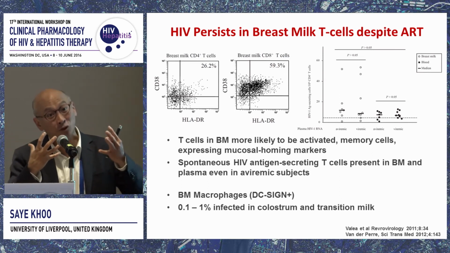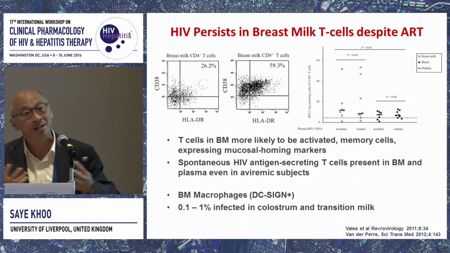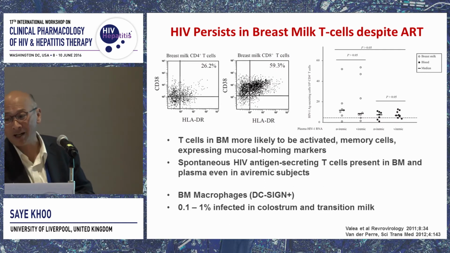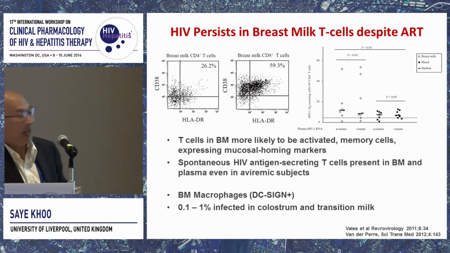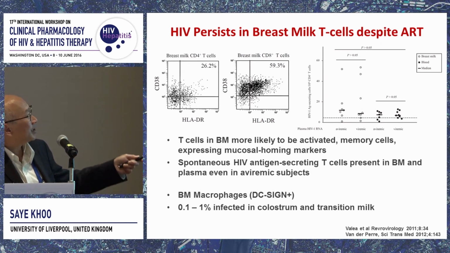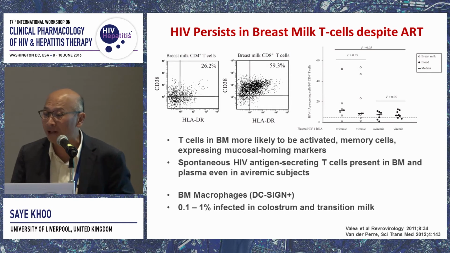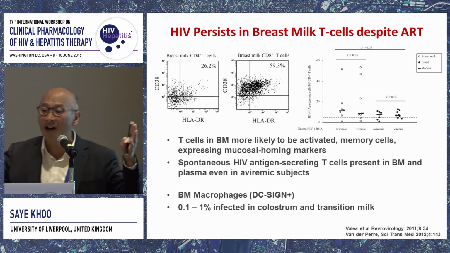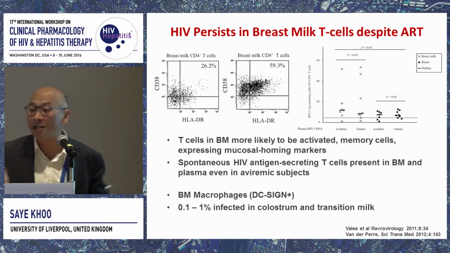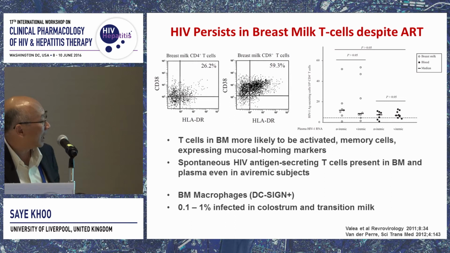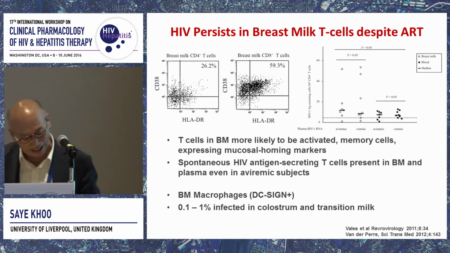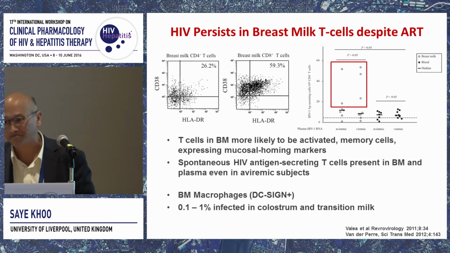If they're Trojan horses carrying HIV, then this is a worry for breastfed infants who are not covered by antiviral therapy. And you can see that even in aviremia, even in suppressed patients, if you get these T cells out, they will spontaneously produce antigens. So another situation, seemingly suppressive HAART, and yet you can tease out HIV without trying particularly hard. The question of whether breast milk macrophages play a part, I'm sure they do, is an interesting one.